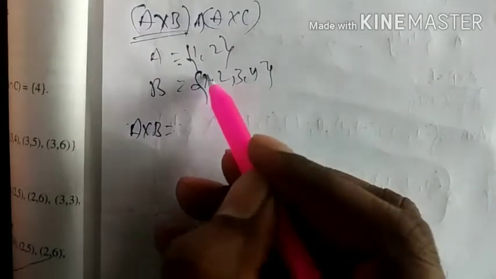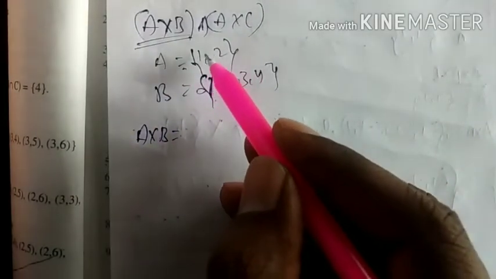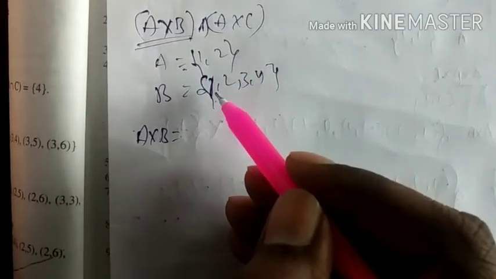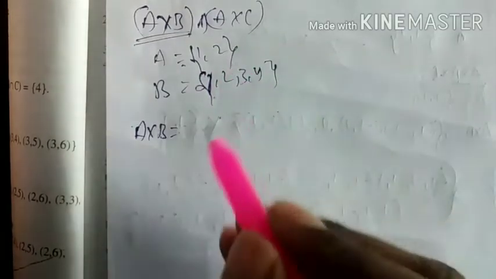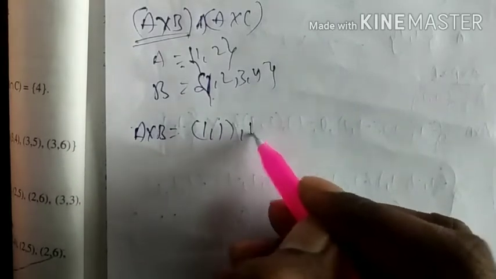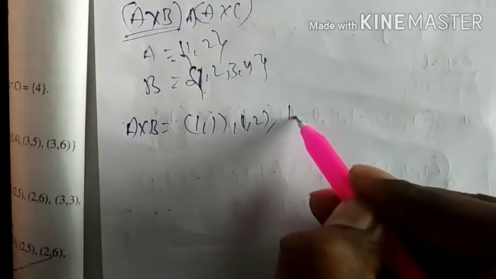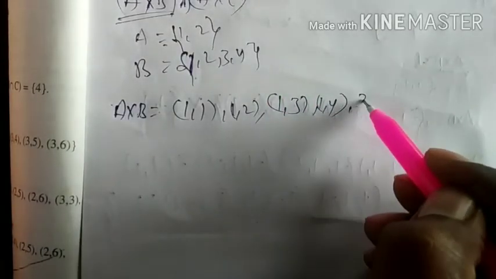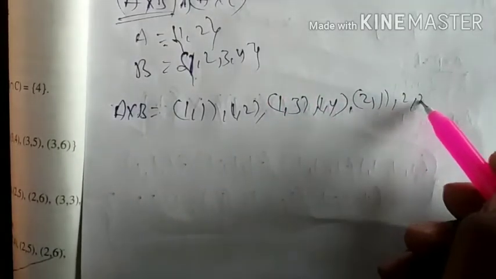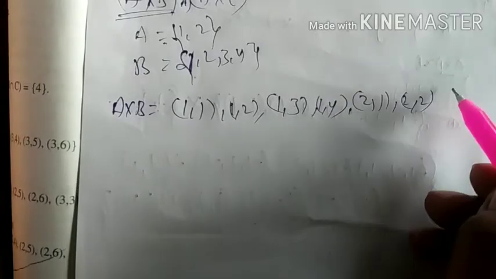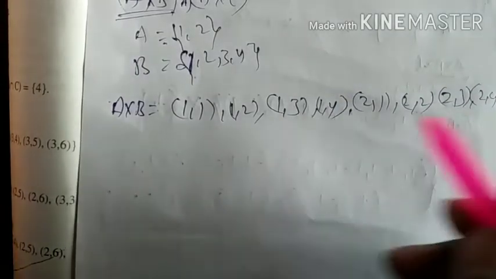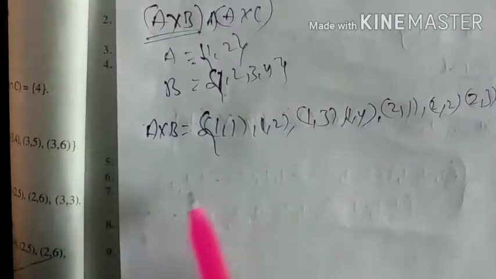A × B means each element in set A must be mapped with each element in set B. So (1,1), (1,2), (1,3), (1,4). Next (2,1), (2,2), (2,3) and (2,4). This set represents the A × B.